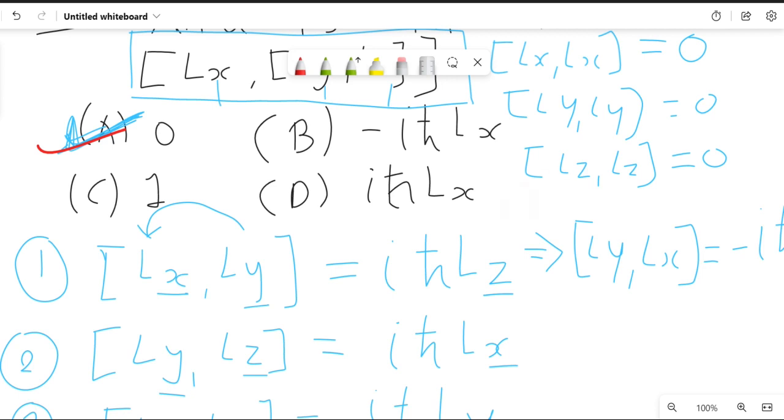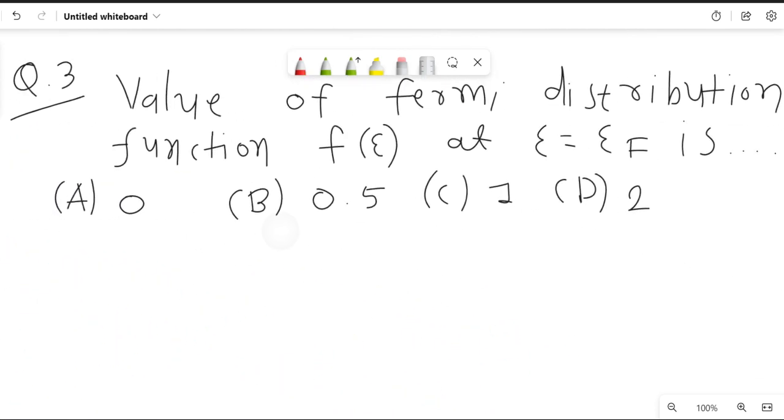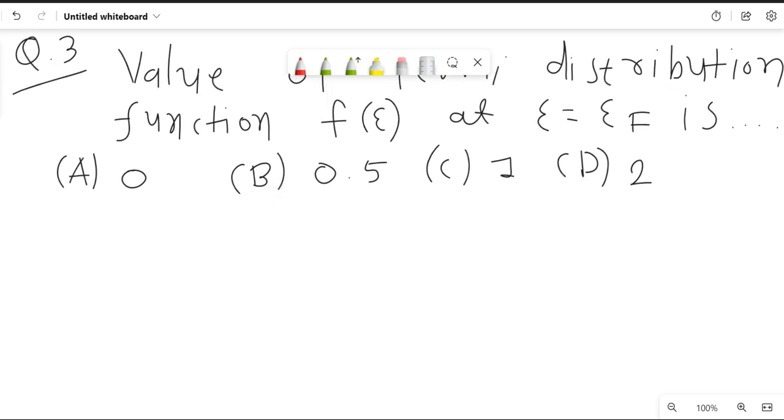Now move to the third question. The third question is from statistical mechanics, in which we are asked the value of the Fermi distribution function f of E at E equals EF, where EF is the Fermi energy.